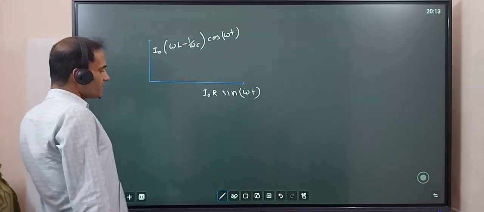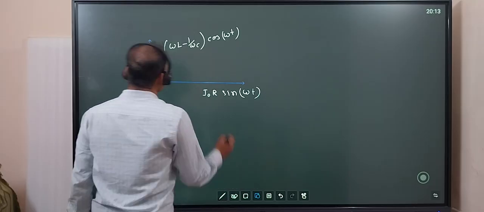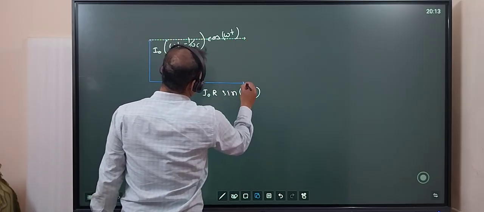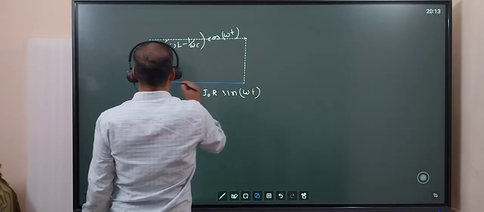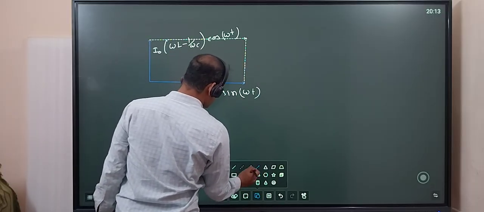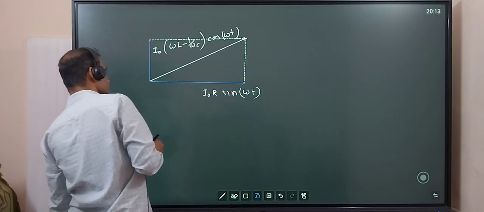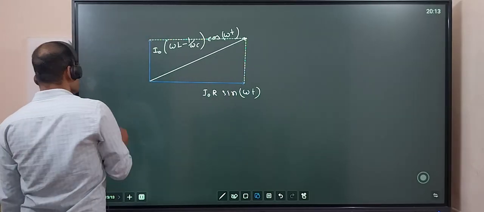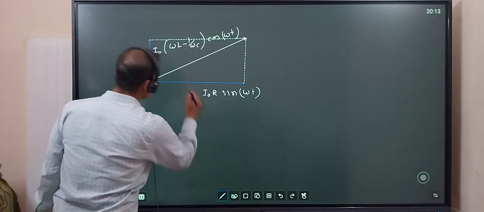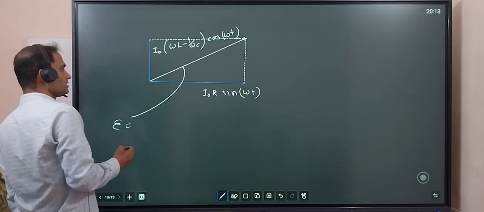Okay, and the resultant will be found like this. Okay, and the resultant will be this. Okay, this will be V, this will be total EMF.